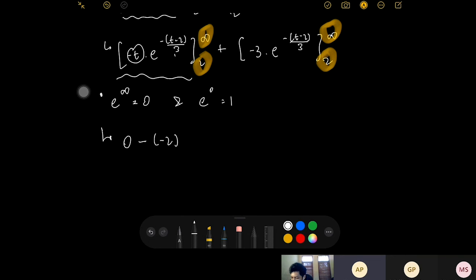Then in the second part it's almost the same. If we place infinity, it will become 0, and if we put 2 here, this part becomes 1, and it's only minus 3. So the end result will be 5 minutes. So here's the solution.